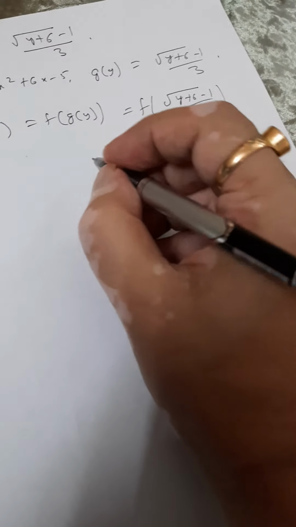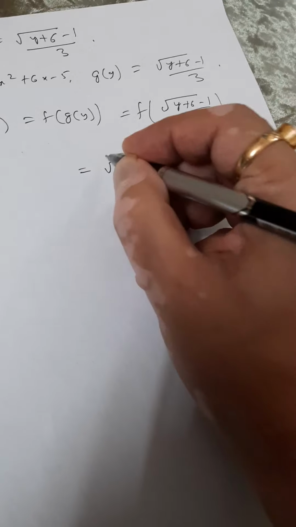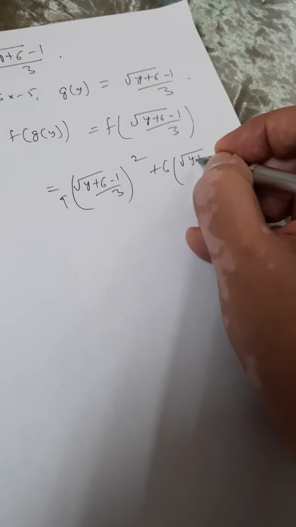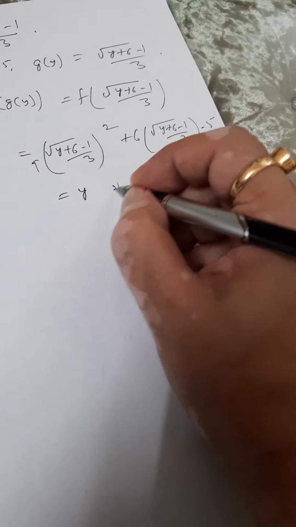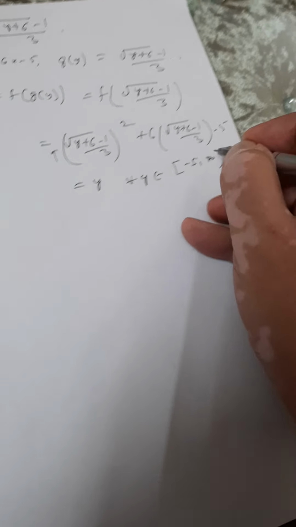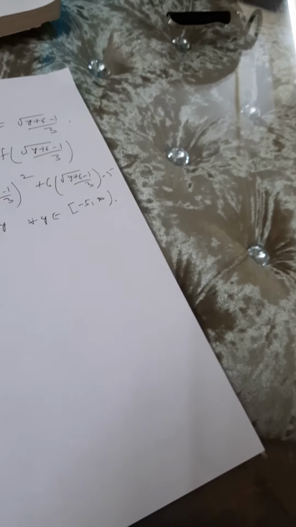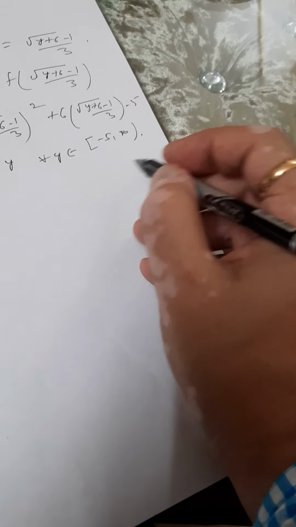You just put in the expression of f: (root of y plus 6 minus 1 by 3) whole square, 9 outside, plus 6 of (root of y plus 6 minus 1 by 3) minus 5. Show that this is y for all y belongs to minus 5 to infinity. So that is for the composite function.